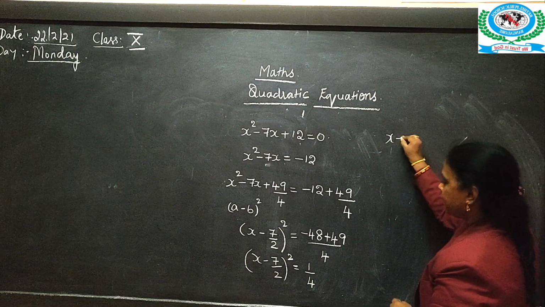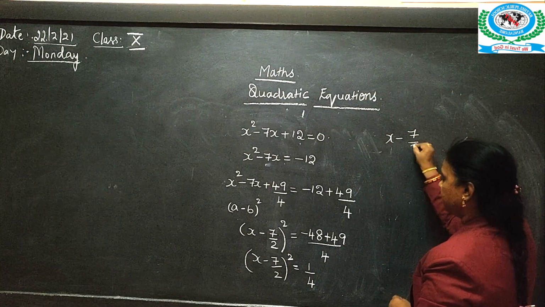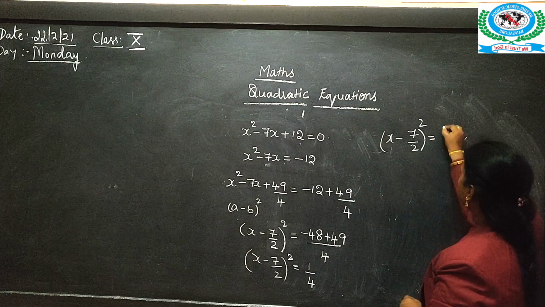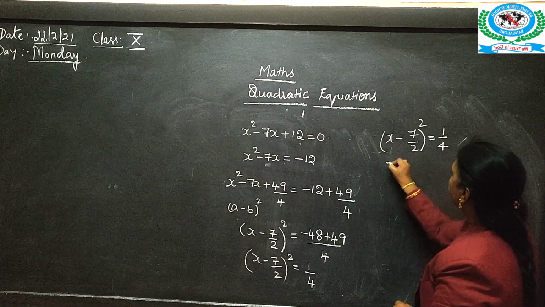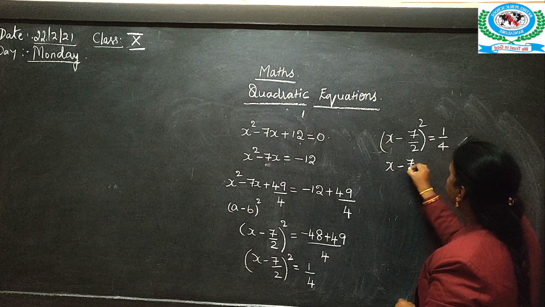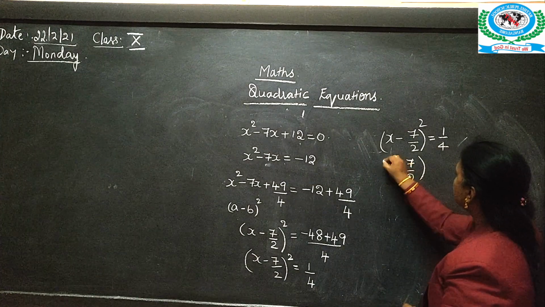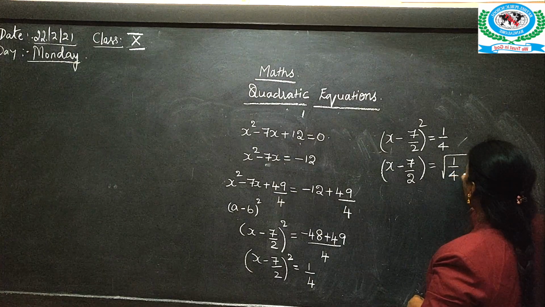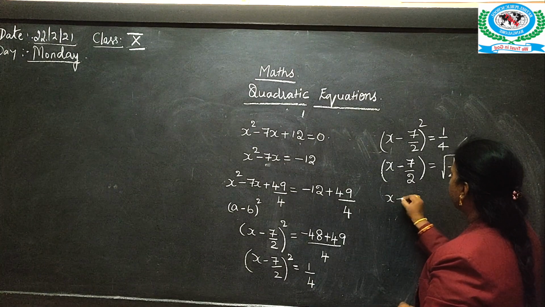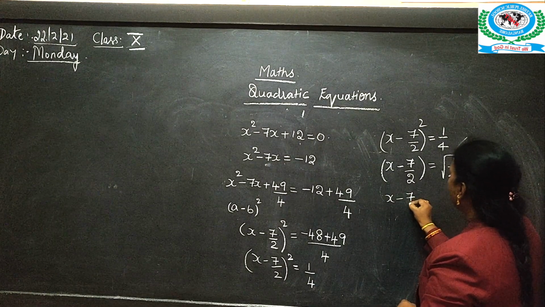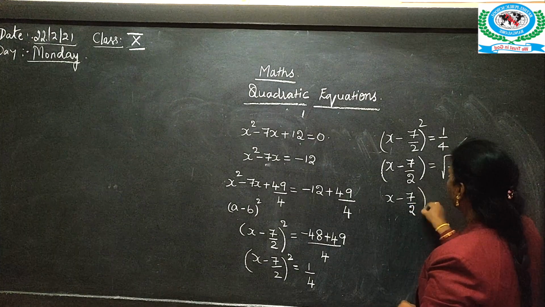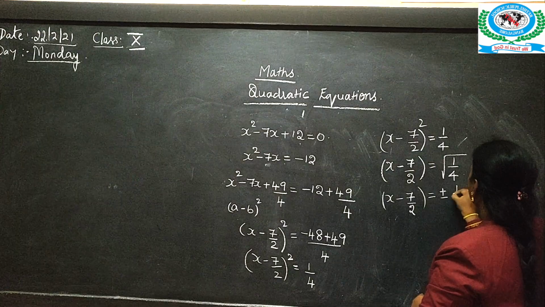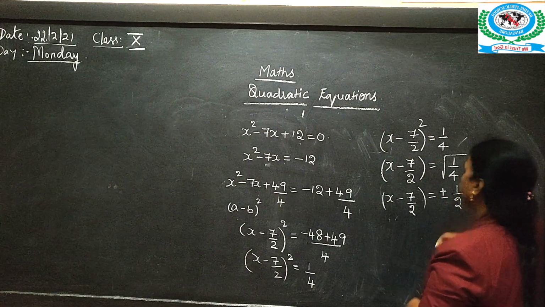So x minus 7 by 2 the whole square is equal to 1 by 4. So x minus 7 by 2 is equal to square root of 1 by 4. So x minus 7 by 2 is equal to plus or minus 1 by 2.